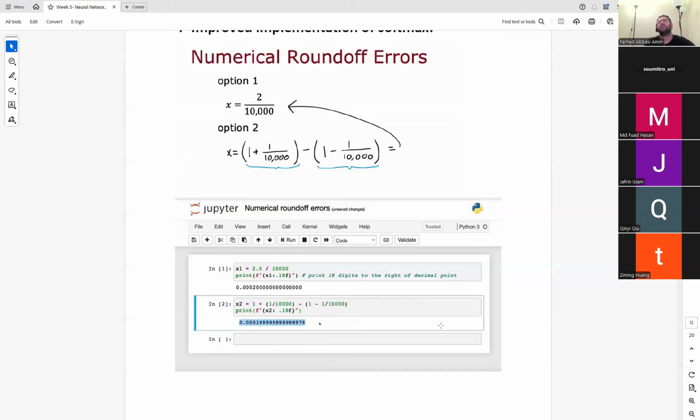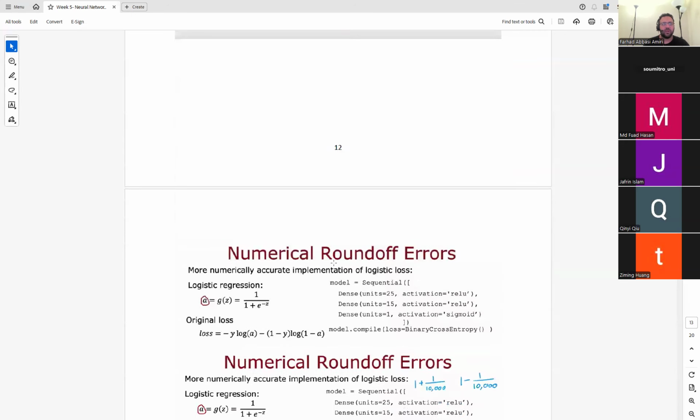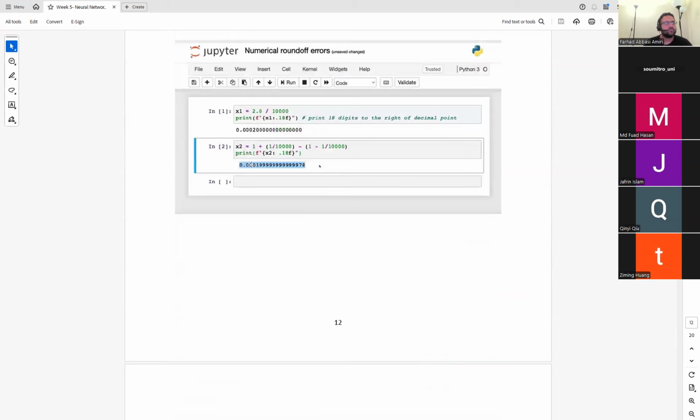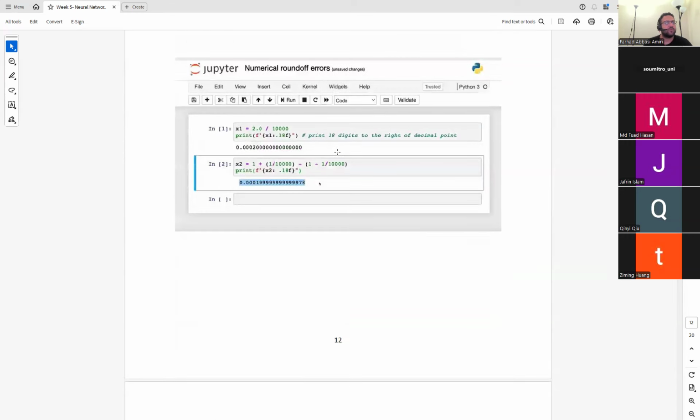So for a small calculation, this difference is not that much and it doesn't affect your result. But imagine you have 10,000 iterations, right? And then this difference between these two outputs accumulates, right? We call it numerical round-off error, right? It depends on the operations of your computer.